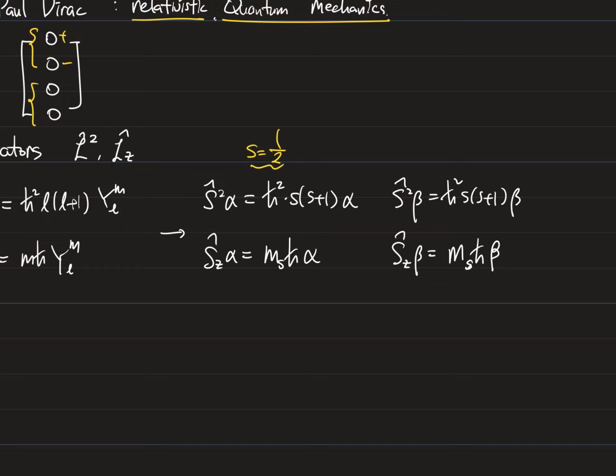So s value is 1 over 2, like the absolute value for alpha and beta. But m sub s is plus 1 half for alpha spin and minus 1 half for beta spin. So you can complete these relations.